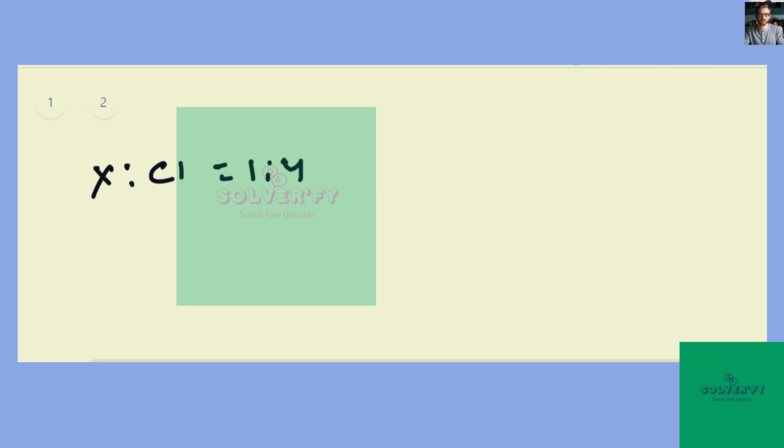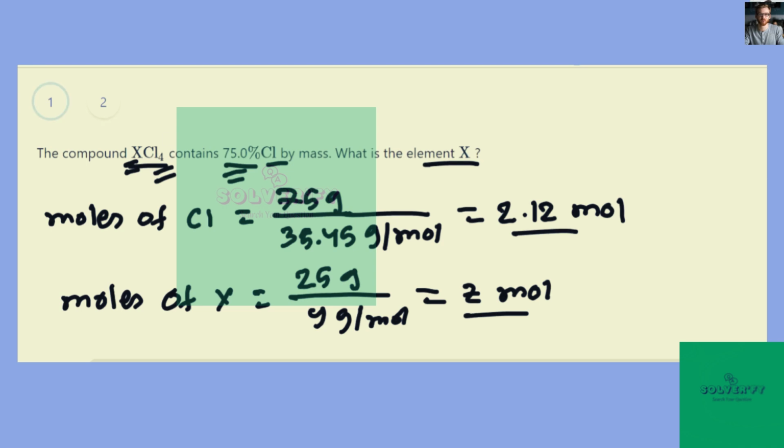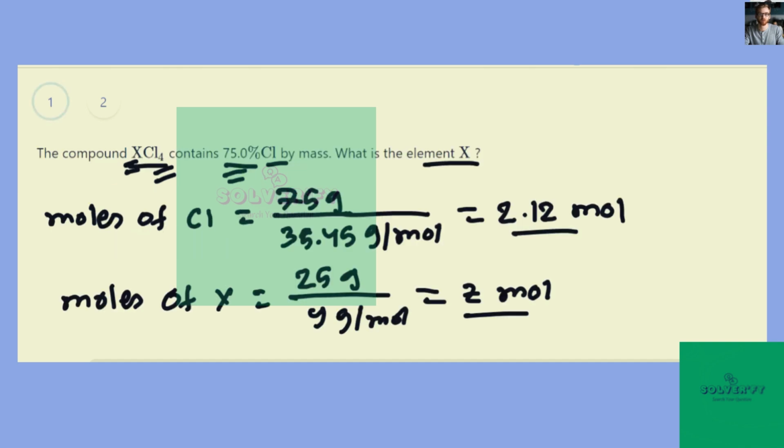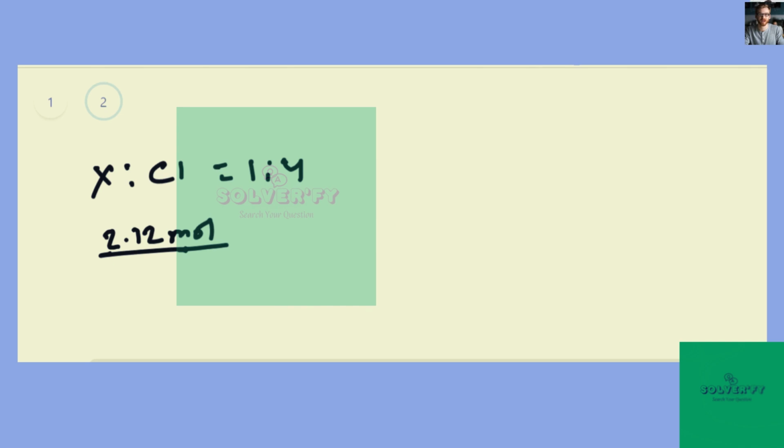and that means chlorine's number of moles, which is 2.12, over the number of moles of X, which is Z mole, will give us a value of 4.